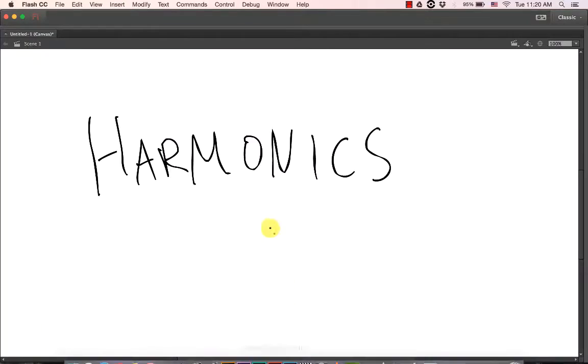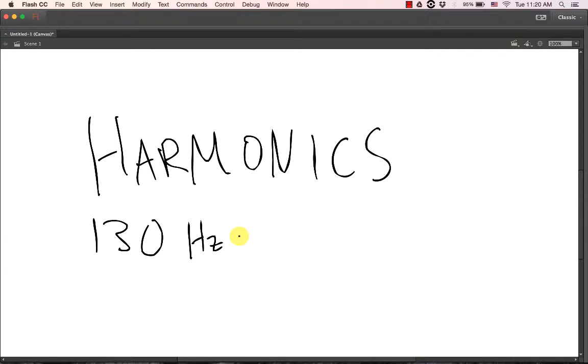So let's go into how this works. Let's say my C note was, let me move to my drawing pad here. So 130 Hertz was the bass note. Now if I wanted to figure out the harmonics of this, here's the equation for it.